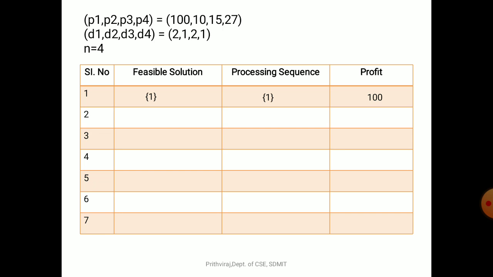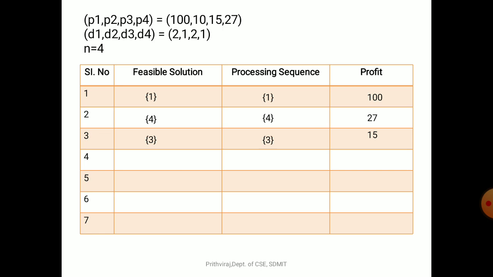Now in the second case, if I consider the feasible solution as 4, the processing sequence remains 4, and the profit we can get is 27 because it is given in the data. If I take the third job, the sequence remains 3. Since I have considered only one job at a time, the profit is 15.